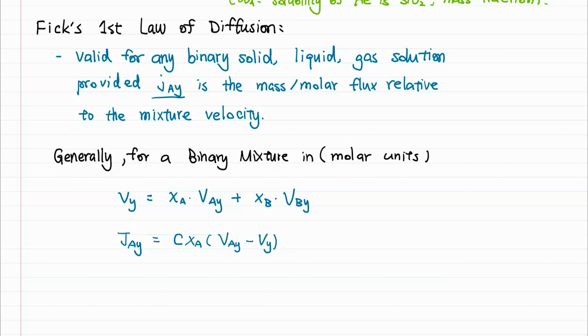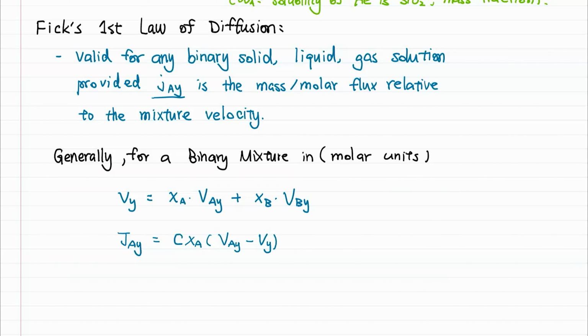So basically, you can think of the diffusional flux as the flux of a particular species relative to the overall velocity. So it's the velocity difference of a particular species with respect to the overall velocity times its concentration.